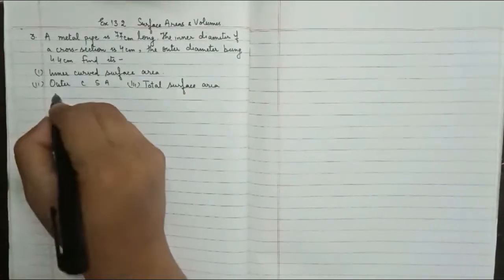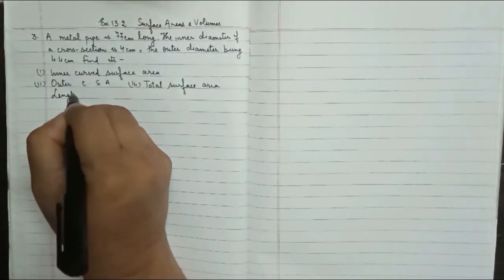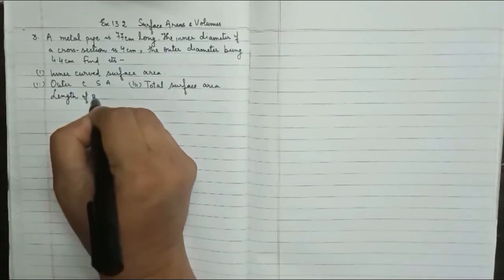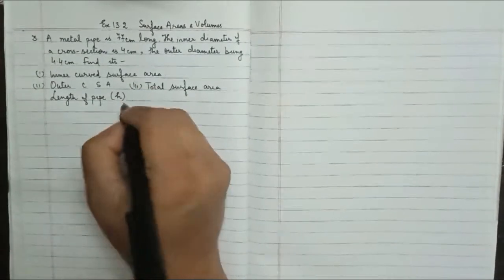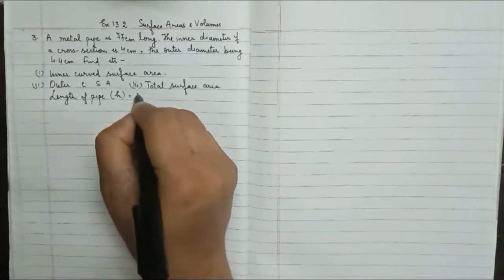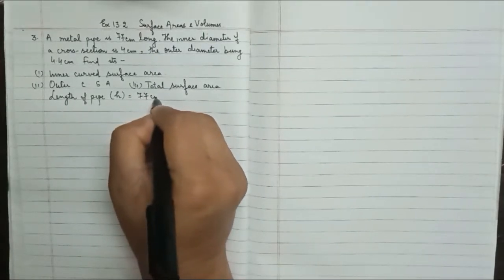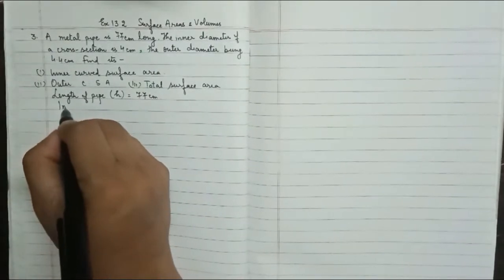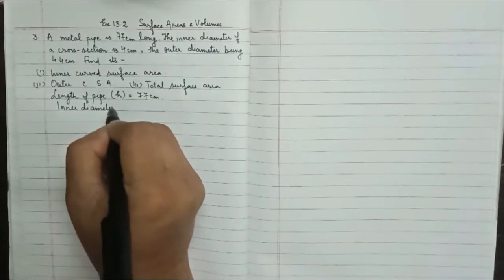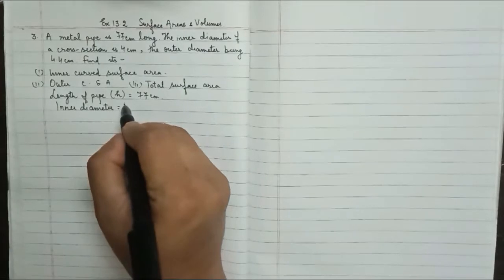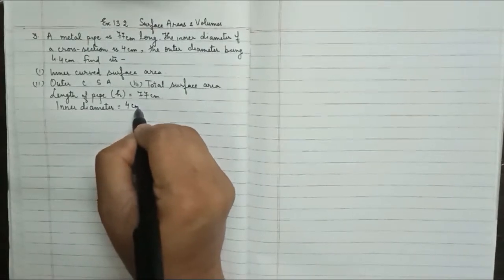Okay, now the length of the pipe is given. We will consider this length of the pipe as height. The length of the pipe is 77 centimeter. Inner diameter is equal to 4 centimeter.